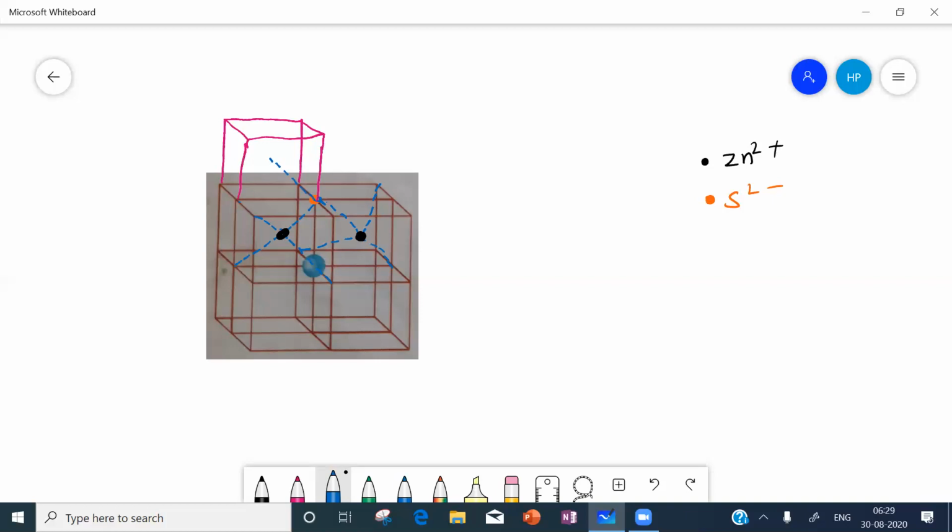From this center, we will go to a face center, then to another face center, then to a corner. Then one more we have to draw.